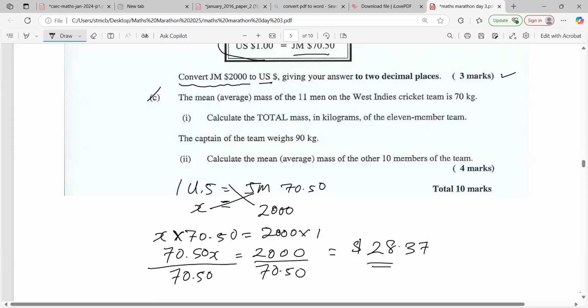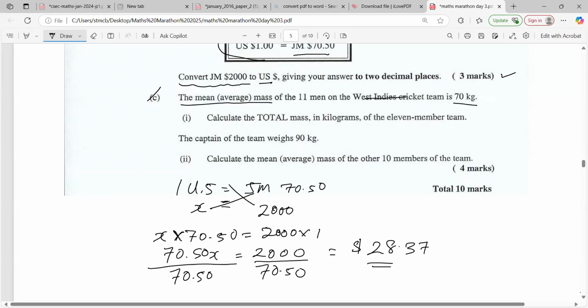That's not bad at all. Now, part C is a different story. It says the mean average mass of 11 men on the West Indies cricket team is 70 kilograms, right? So what they're saying is, when they add up all the weights and divide by 11, we get 70.